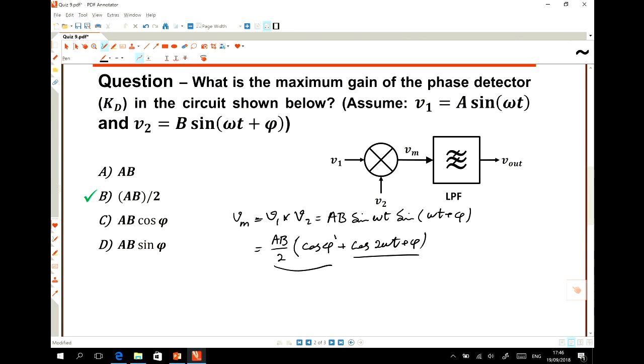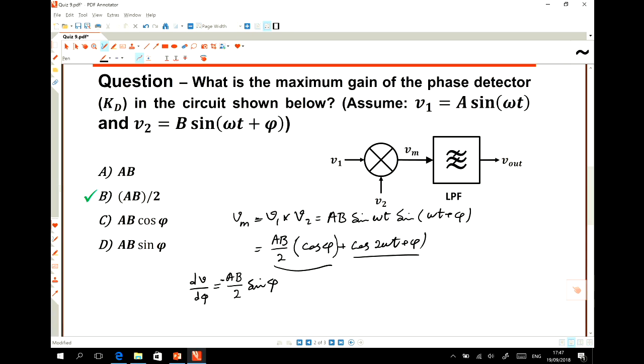And then, so the maximum output, the maximum gain. So what's the gain of the phase detector? The gain of the phase detector is dV divided by d phi. And this equals AB divided by 2 sine of phi, negative this one.